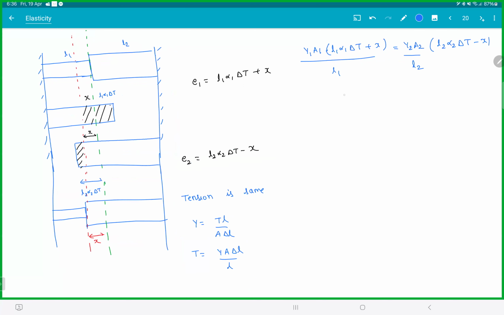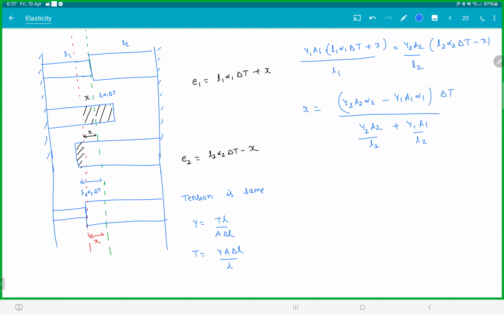Bring all X to one side. This would be Y2 A2 alpha 2 minus Y1 A1 alpha 1, times delta T, by Y2 A2 by L2 plus Y1 A1 by L1.